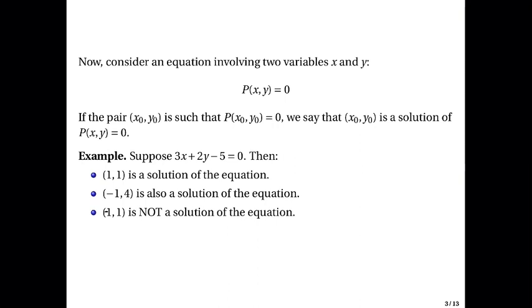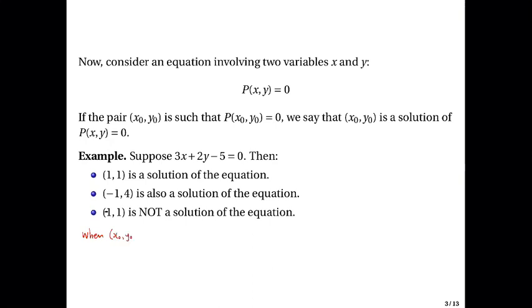And again, all we have to do is to check whether these pairs here are indeed solutions or not for this equation. Okay, so for example, when we have x comma y, or x sub 0 comma y sub 0, let me write that.